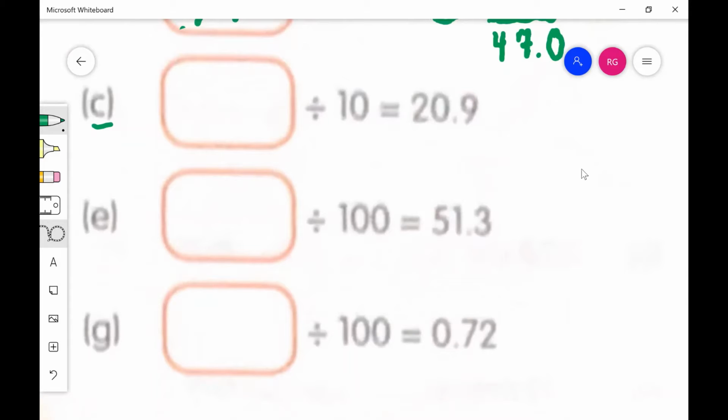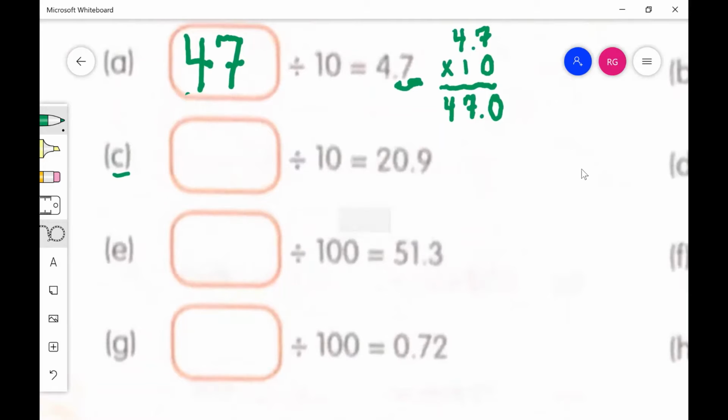We're going to do C next. For this one, it says blank divided by 10 equals 20.9. What do you guys think? You could almost think of this as x divided by 10. 209. Yeah, that's correct. So you could think of it as x divided by 10 and then solve it like an algebra problem.